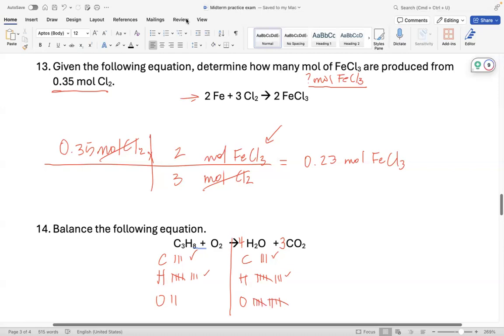So this oxygen is coming in a pair of 2 here. In order to make it 10, I would need a coefficient of 5, so that 5 times 2 equals 10. And so now I have my oxygens balanced as well.